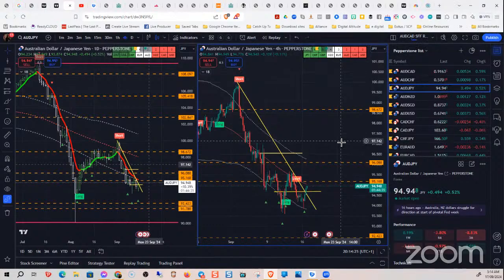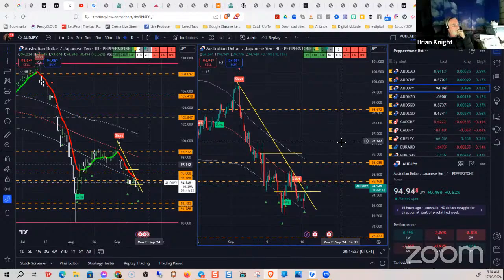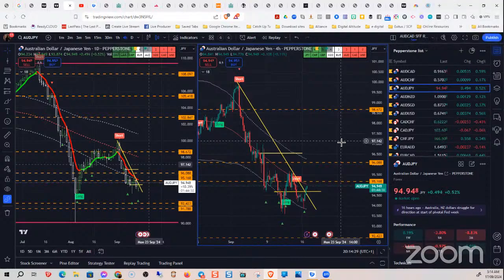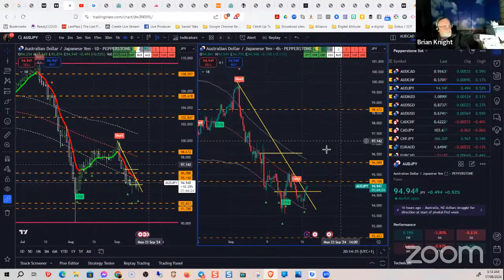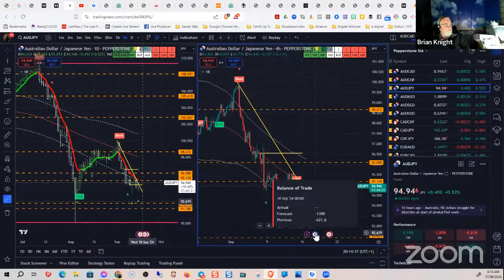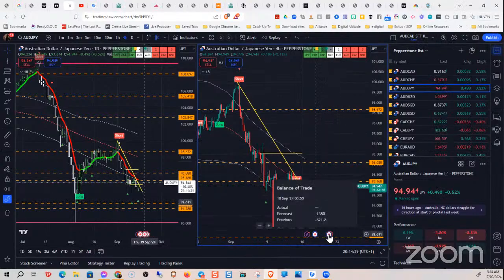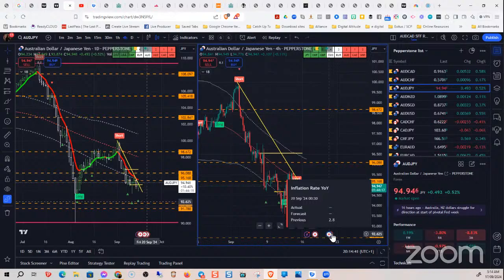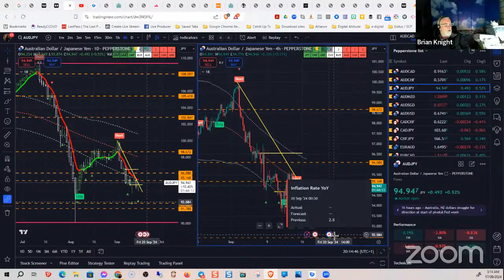Yeah. And then we're going to get a pullback, not get another short or long, and then it's going to roll over and start pushing up. Yeah, okay, fair enough. But I think that's going to happen tomorrow morning. Okay, yeah.